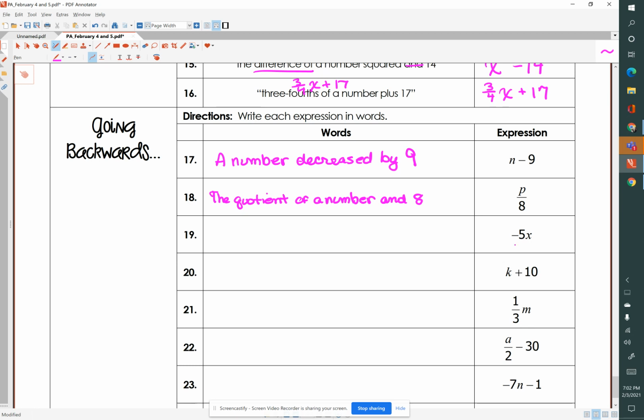Number 19 says negative 5x, that's multiplication. That's the product of negative 5 and a number. Number 20 says k plus 10, so we could say a number increased by 10.